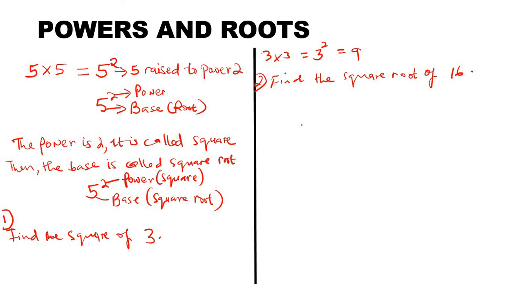That means you need to check if there is any number that can multiply itself to give you 16. So go back to your multiplication table, and that is 4 times 4, which is 4 square.